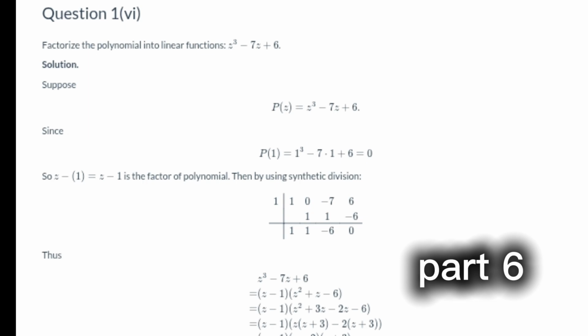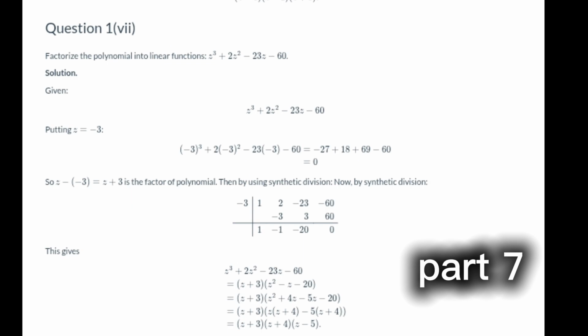Factor quadratic. We factor the quadratic normally into (z + 3)(z - 2). Final linear factors. The solution is (z - 1)(z + 3)(z - 2).